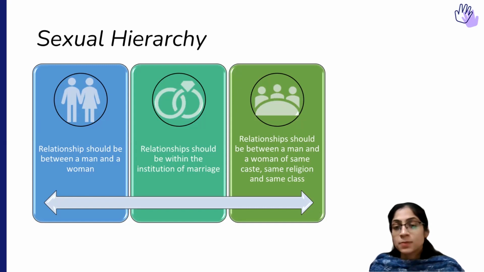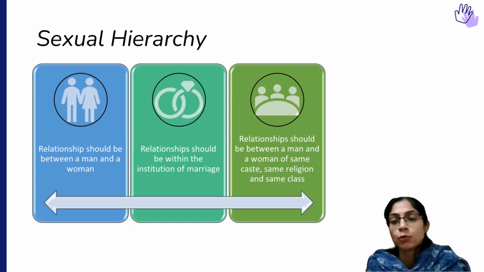The next concept is that of a sexual hierarchy. Sexual hierarchy is the relationship between a man and a woman, where men are definitely considered superior. And like I said, the who, what, when, and how of a sexual relationship is determined by the society.